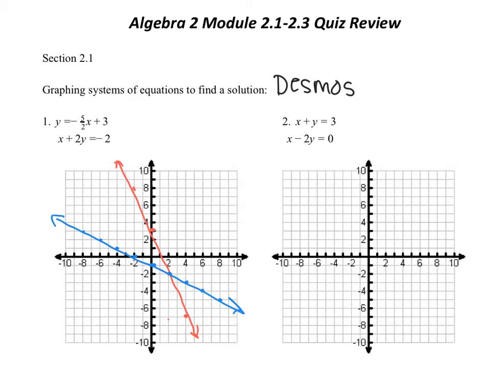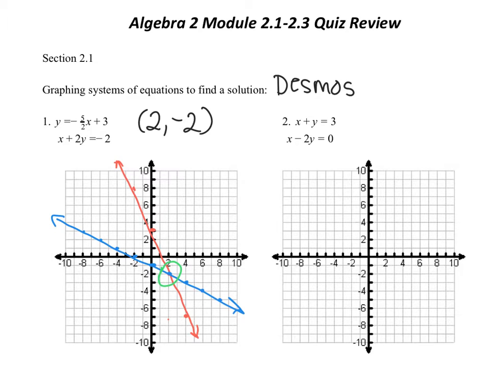And there's our second line. So now the solution is their intersection point. So the point where my two lines intersect is at (2, -2). Remember, we write a solution as a point, x comma y, and we must include our parentheses.